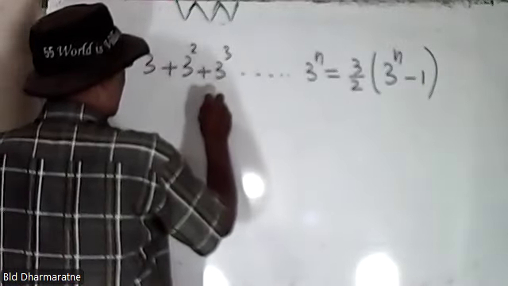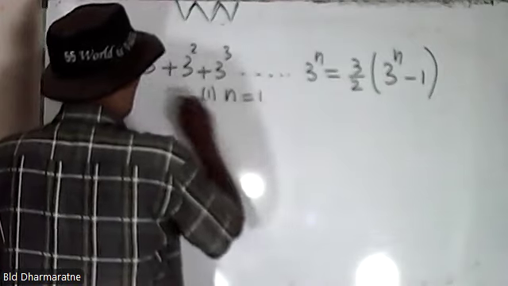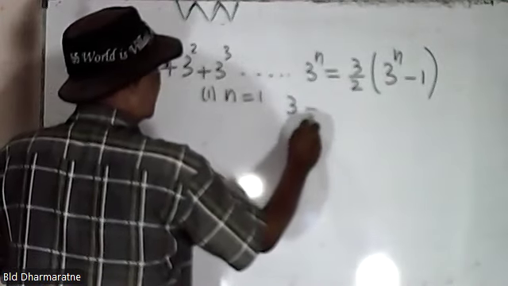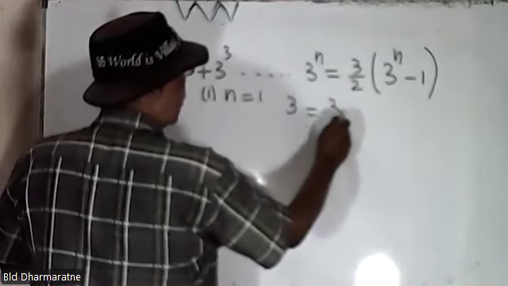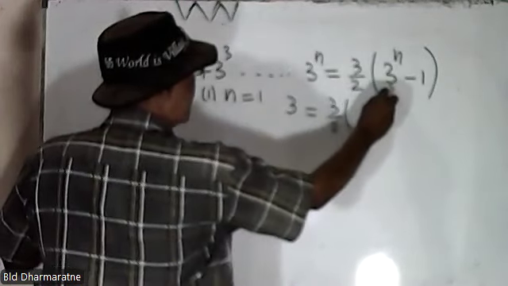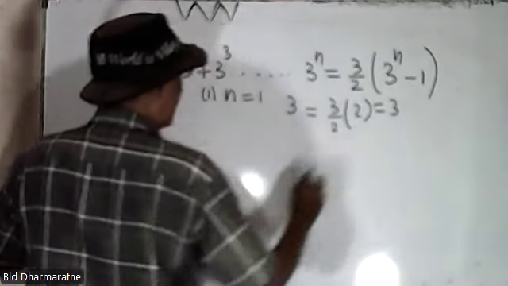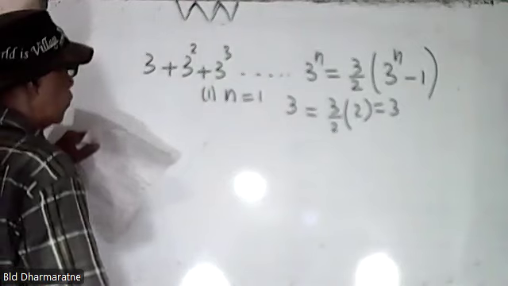First step, n equals 1. Left hand side is 3, right hand side is 3/2 times (3 minus 1), which equals 3. So for n equals 1, the result is true.